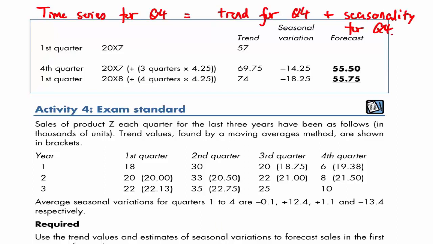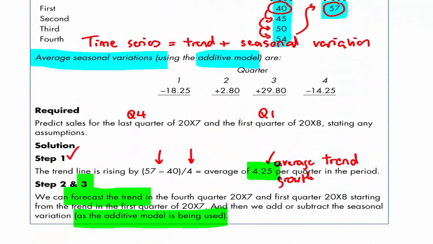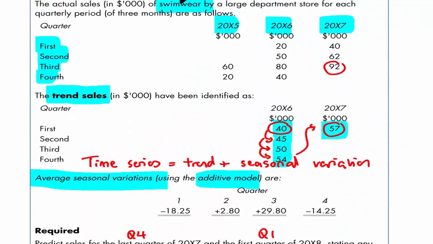So to calculate my forecast for Q4 20x7, I need 2 things. First of all, the trend for Q4, and then the seasonality for Q4. So just looking back for a minute, the information for trend that we were given actually relates to the first quarter of Q4.